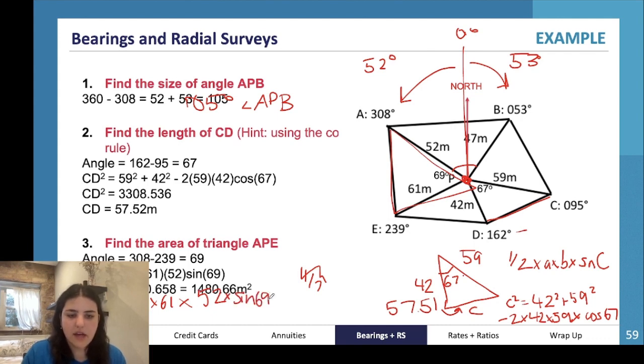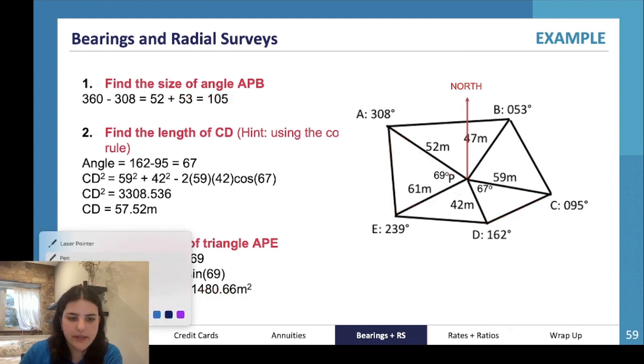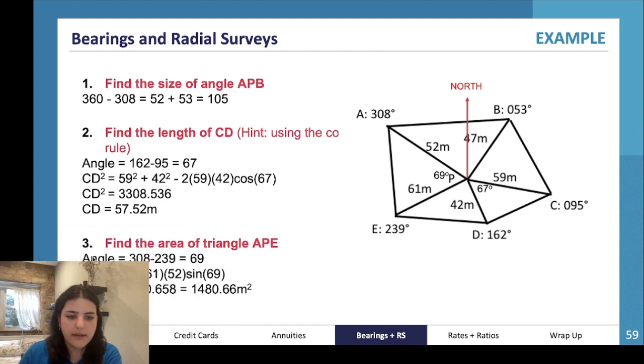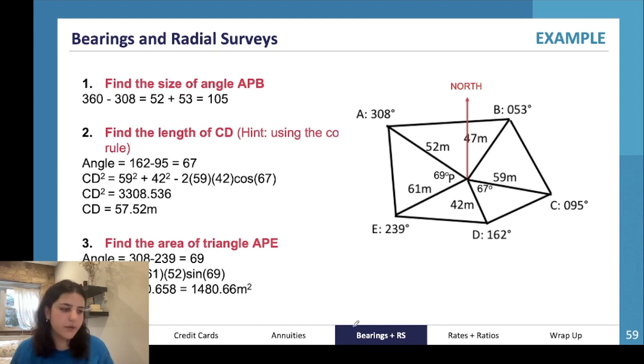And that'll give us the answer 1,480.66 meters squared. A lot of writing on that slide. I'll erase all that ink and you can see those answers a little clearer now. There you go.